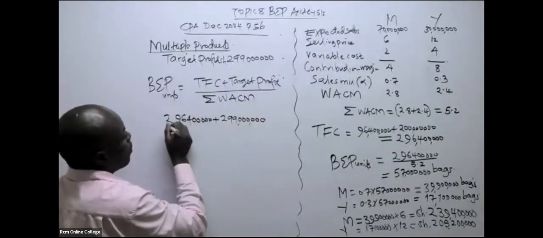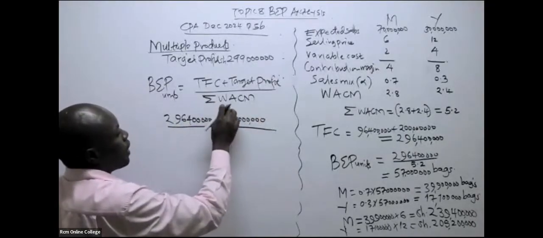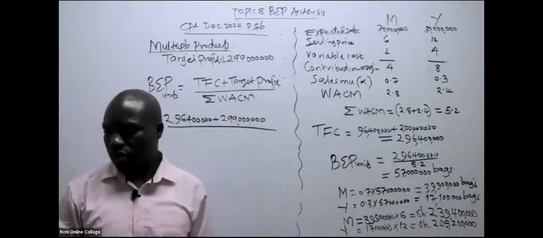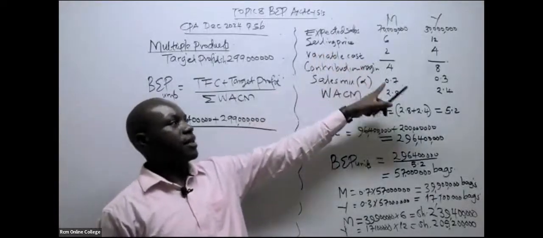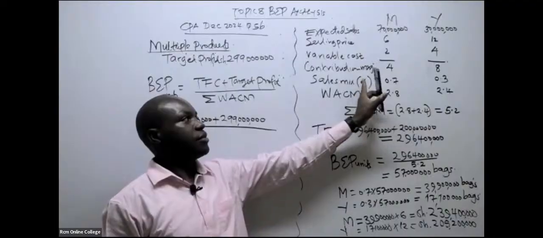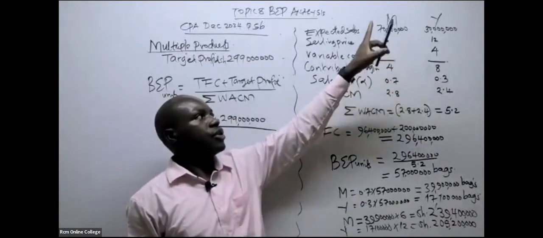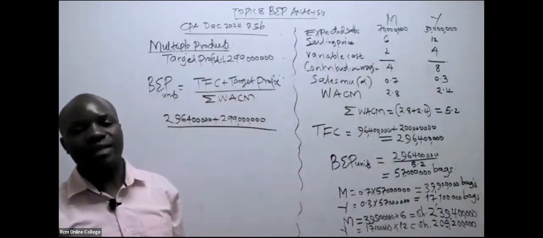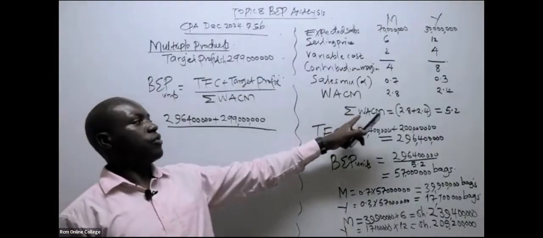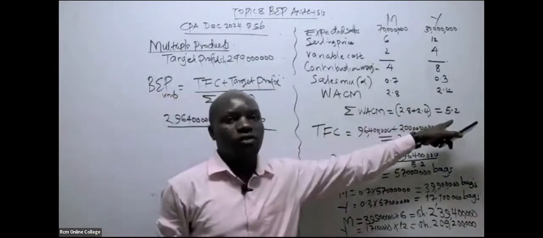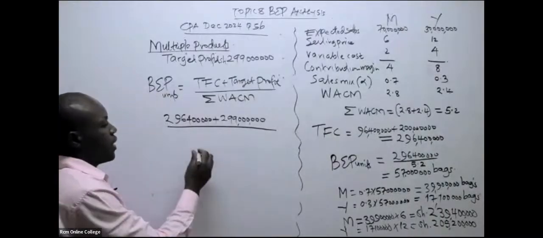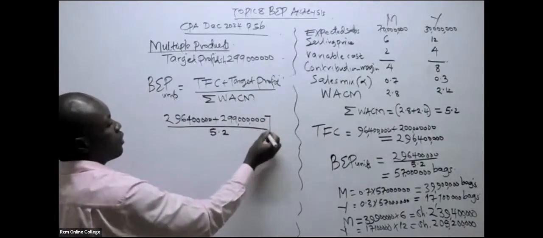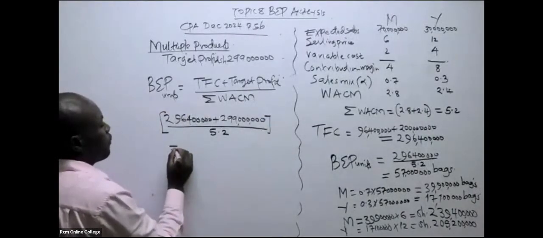We divide by the summation of weighted average contribution margin under the current sales mix ratio, which is 70 million to 30 million, that is 0.7 is to 0.3. Under that sales mix ratio, our summation of weighted average contribution margin was 5.2. Please go ahead and give me the break-even point in units.